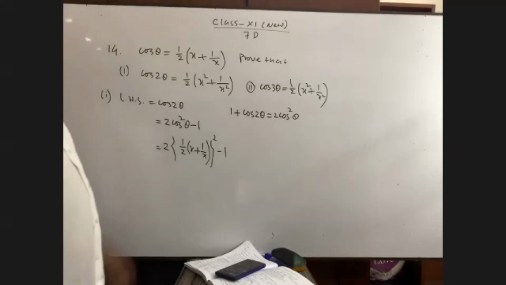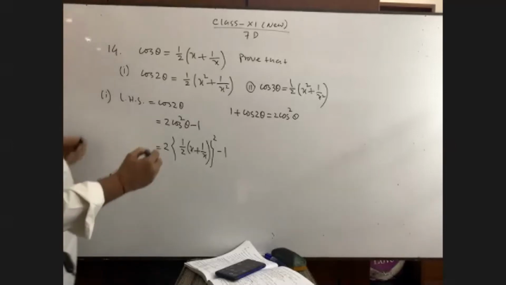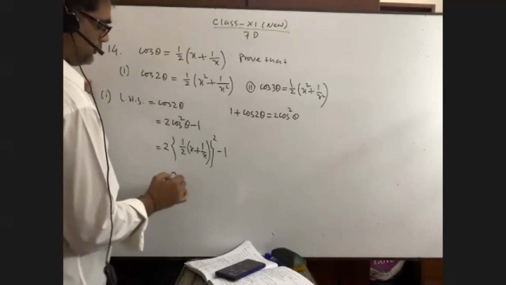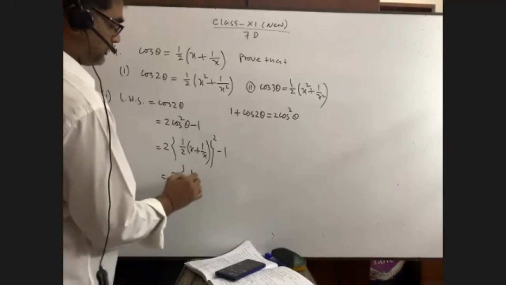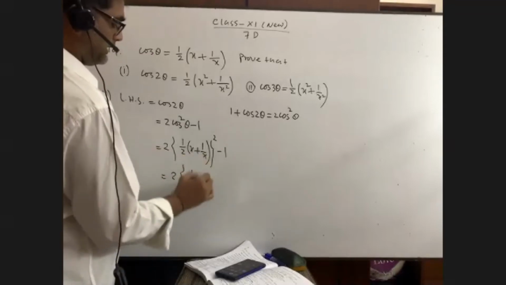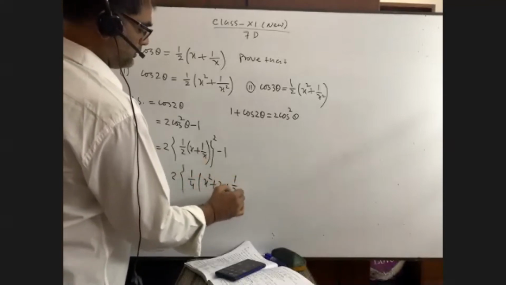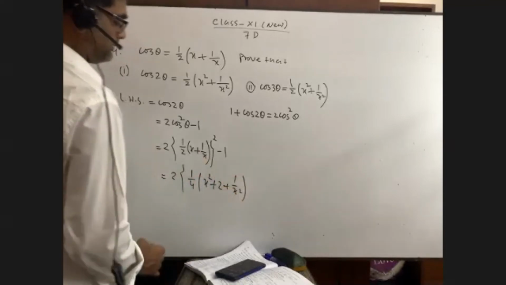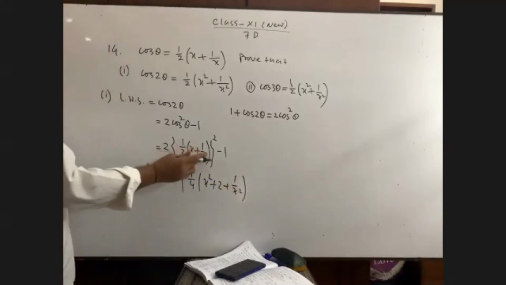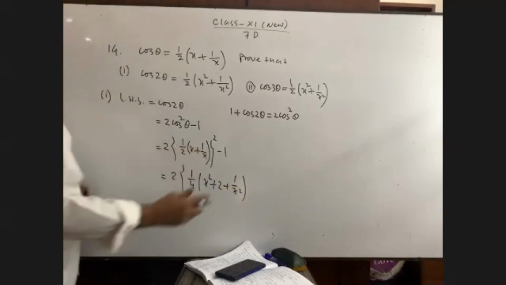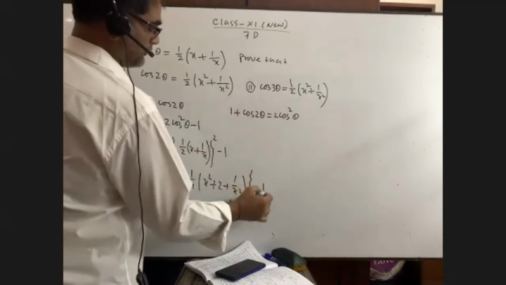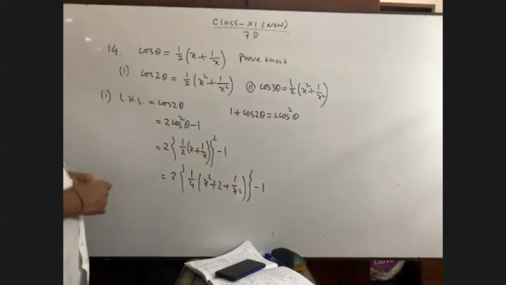Can you do this now? Yes, sir. What will be? It is 1 by 4, it is x square plus 2 plus 1 by x square. Is it a plus b whole square formula? And it is minus 1. Okay? Have you got it?